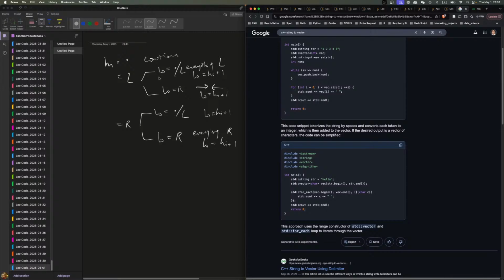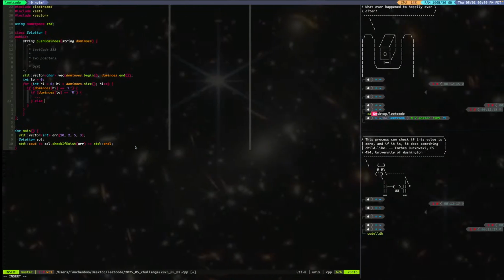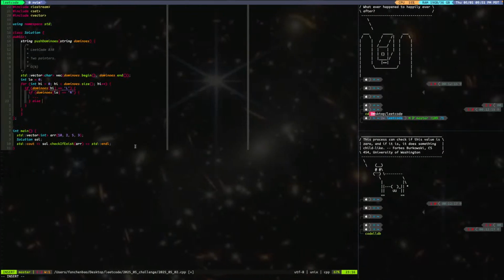So we guarantee low is either L or R. Okay. So else, low is L or dot, because that's what's going to happen in the beginning, right?